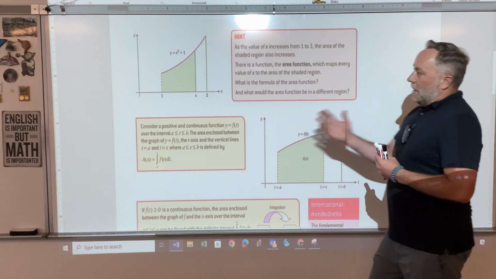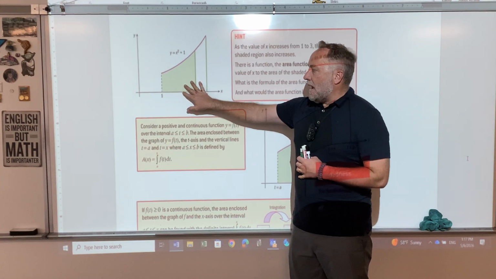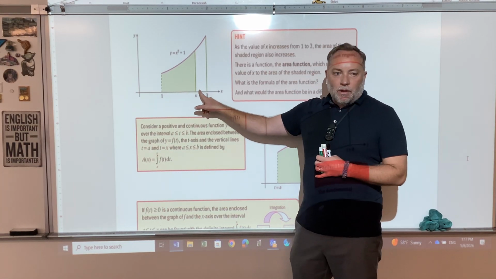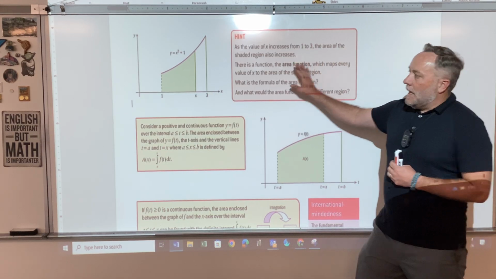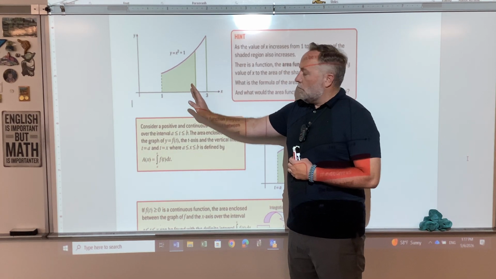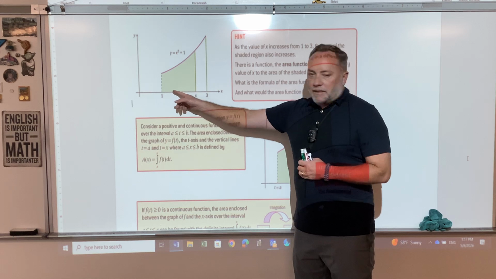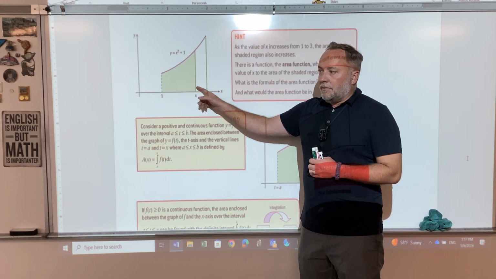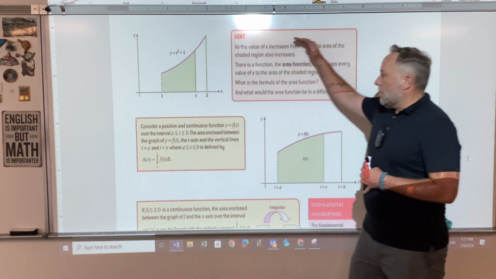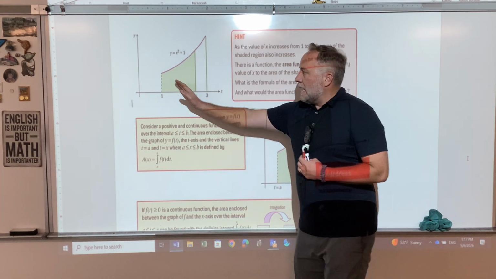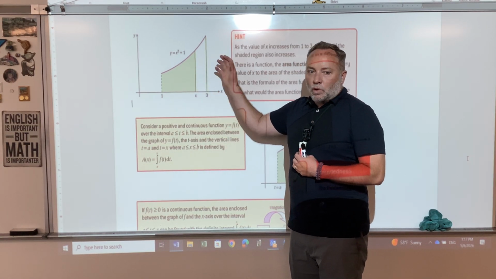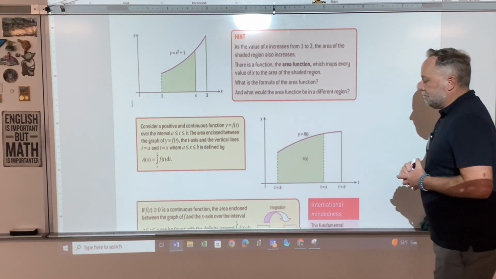Okay? But just check this out. This is the same graphic, except it doesn't go all the way up to 3. But what this box is telling you is, as you go further, more and more towards 3, is there getting more and more area under that curve? Right? So that's all that's saying. So as x is getting closer to 3, you're finding more and more area, because there's more that's there.